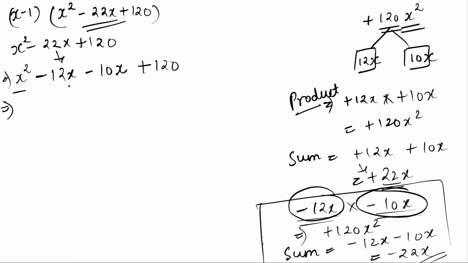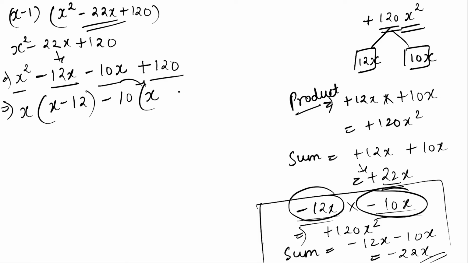Now we are going to take something common from these two first terms. X, I can see here, is getting common, and from the last two terms I can see minus 10 getting in common. So x will come inside at the first place, and at the second place we want minus 12.